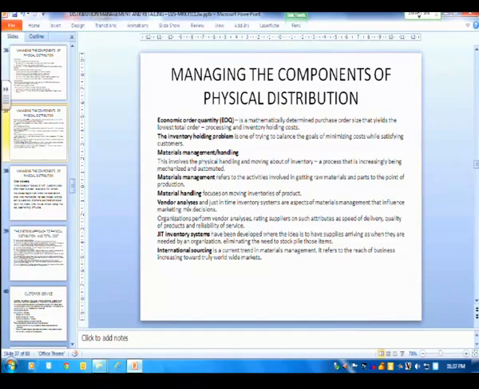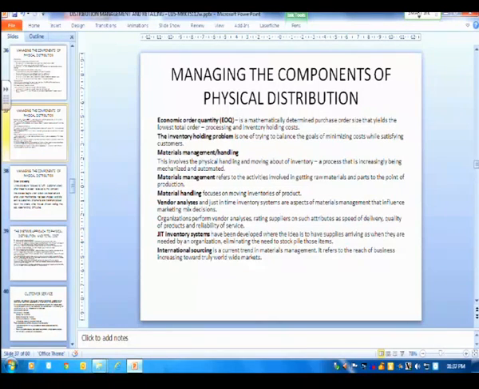Material management handling. This involves the physical handling and moving about of inventory, a process that is increasingly being mechanized and automated. Materials management refers to the activities involved in getting raw materials and parts to the point of production.